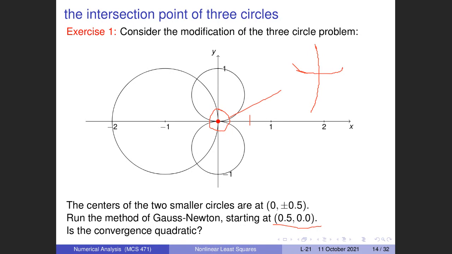You see that the big circle and one of the little circles actually intersect orthogonally. So locally, this looks very much like solving a system where the coefficient matrix is orthogonal. So this three-circle problem has a very, very nice conditioning.